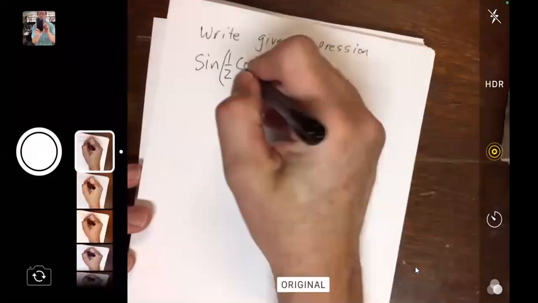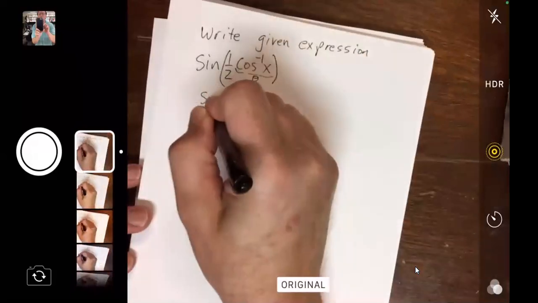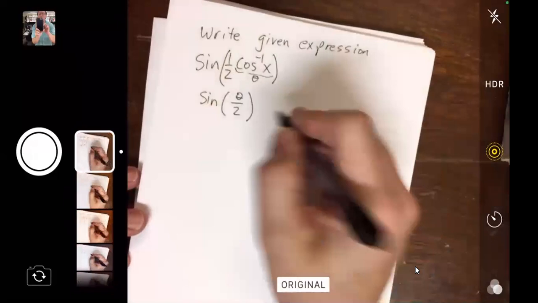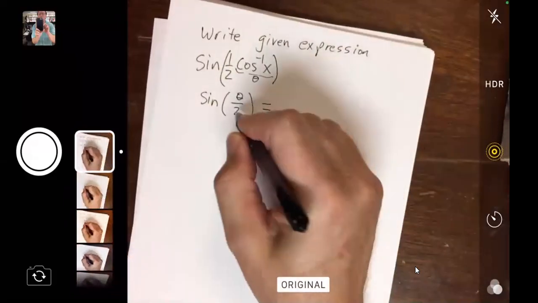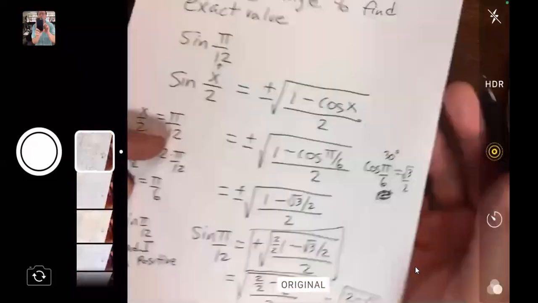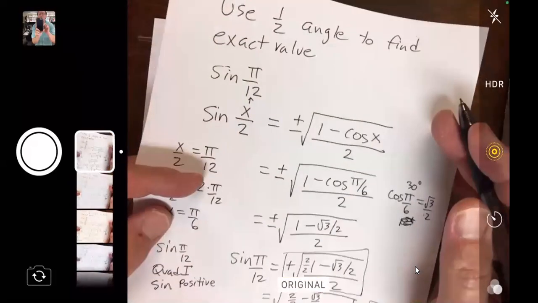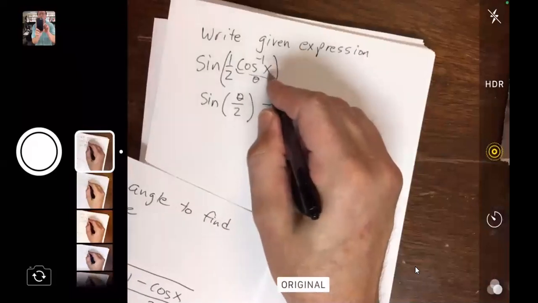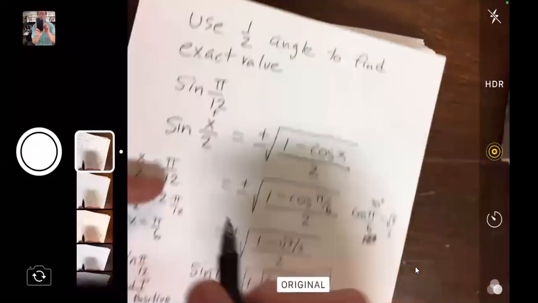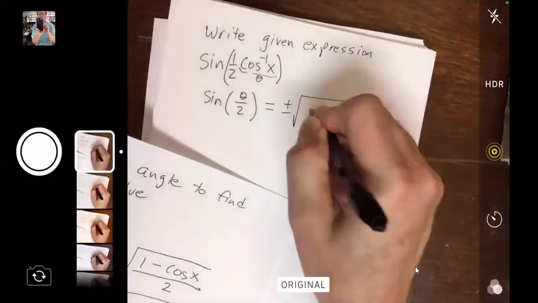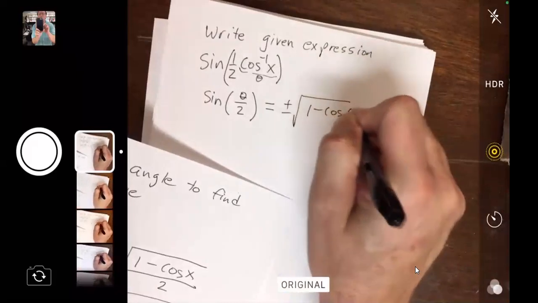If you want to call this a theta, you're matching it to sine of theta over 2, or I could use u over 2 to directly match what the book uses. Maybe I should have used x over 2, but I didn't want to confuse you with this x. Plus or minus square root of 1 minus cosine of theta, all over 2.